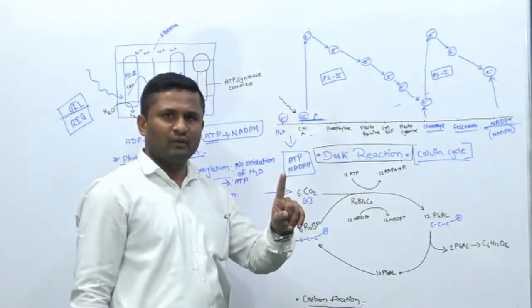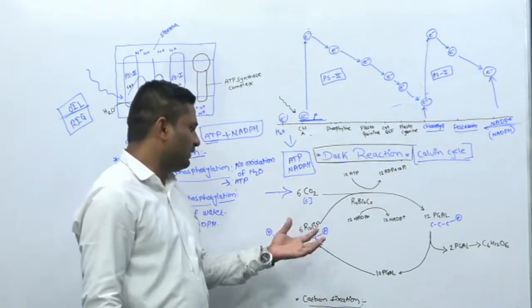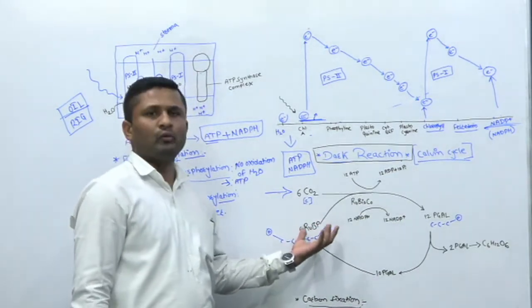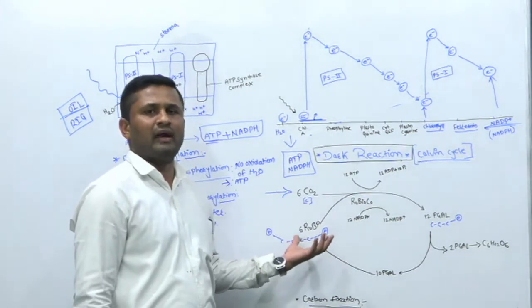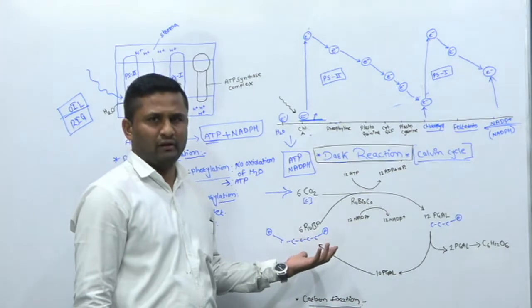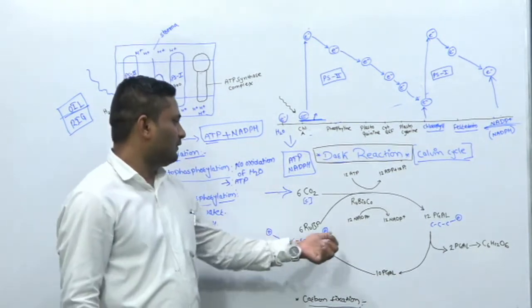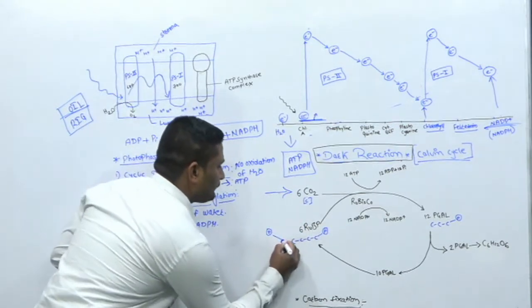Then it will react with one special molecule that is present, that is RuBP, ribulose bisphosphate, or you can say ribulose 1,5 bisphosphate. This phosphate group is attached to the first carbon and fifth carbon. This is a 5 carbon compound.